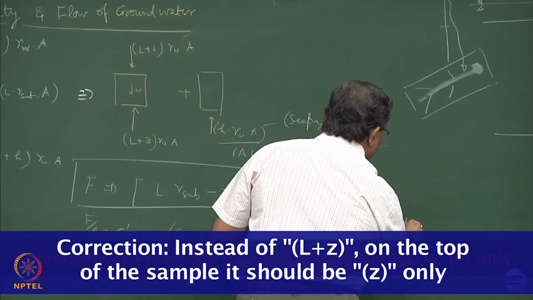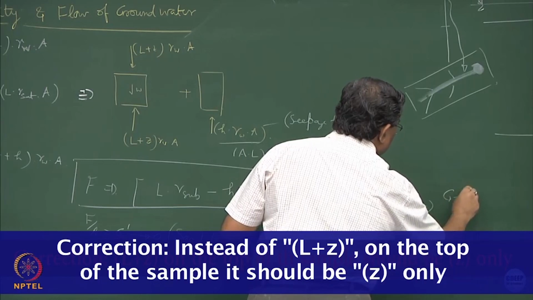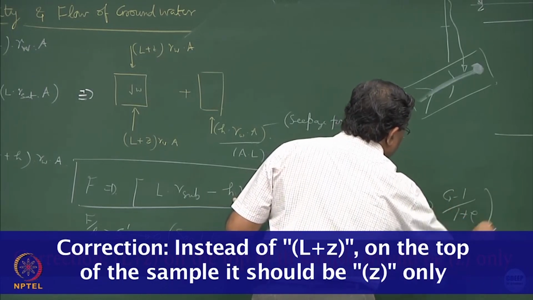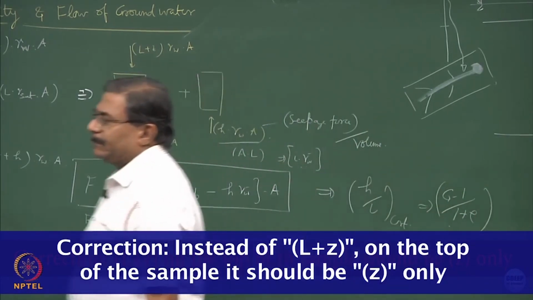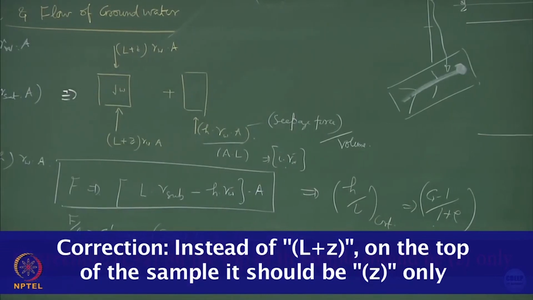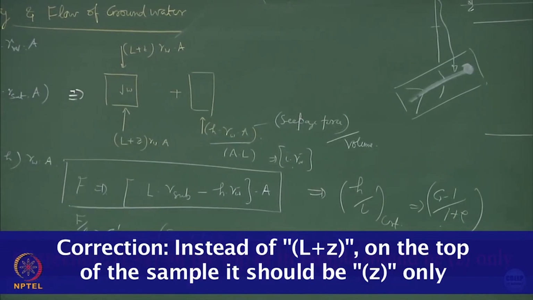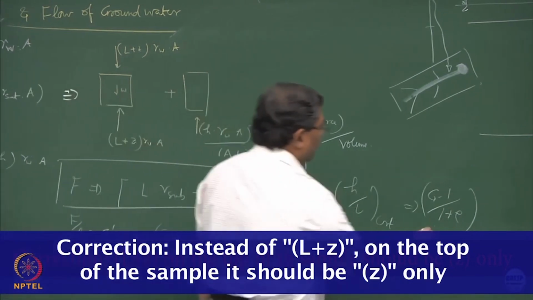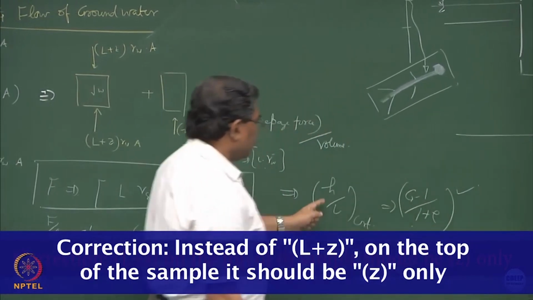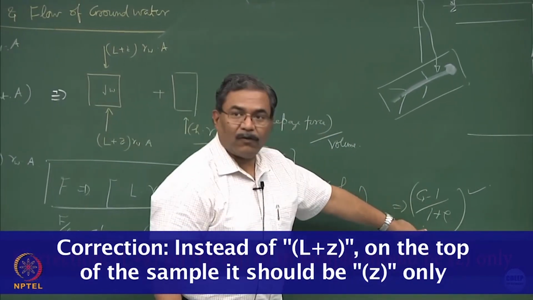We define this as i critical. This will be equal to (G minus 1) over (1 plus e). Try to prove this. Is this correct? Jasmine, is this equation correct? You must be remembering. Is this okay, Benny? So, you try to prove that i, H upon L critical, will be (G minus 1) over (1 plus e).